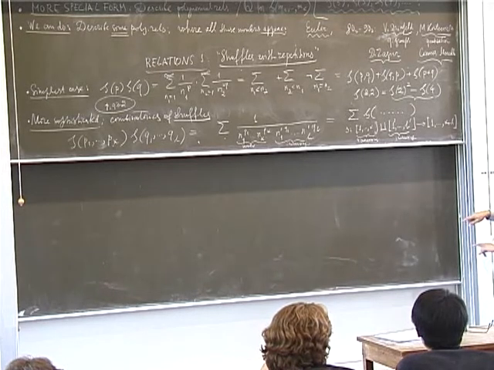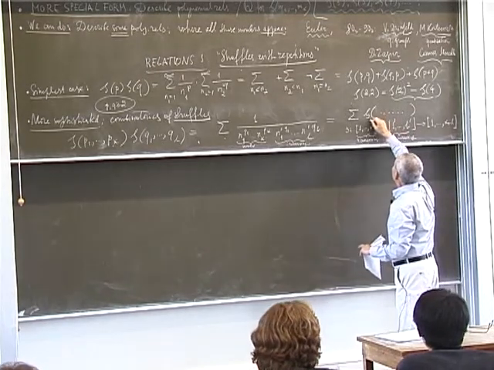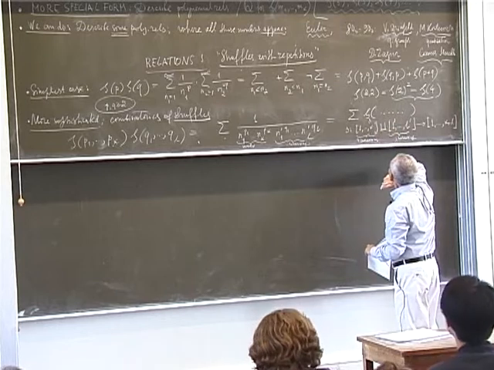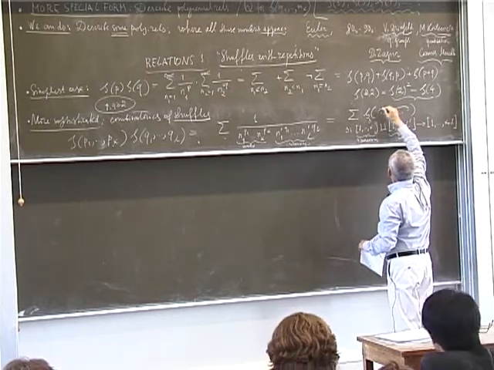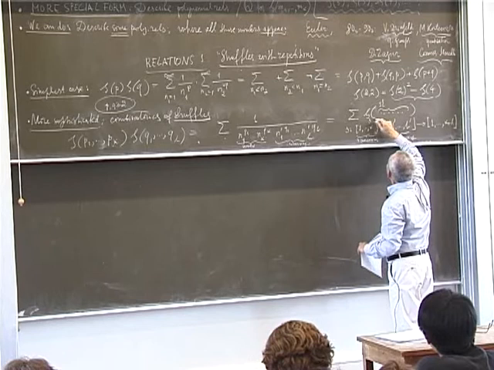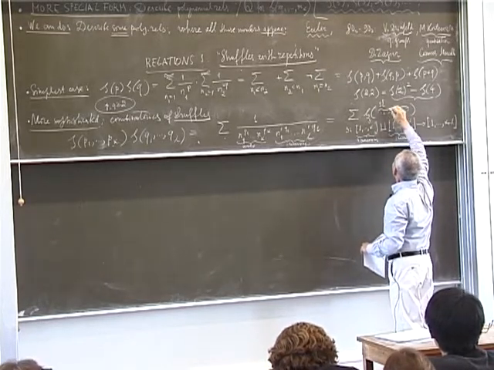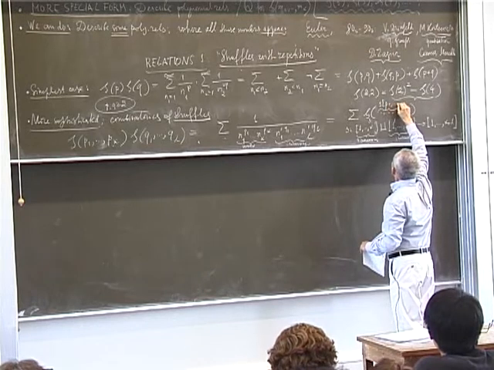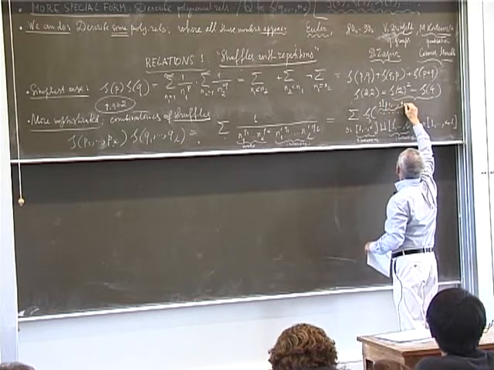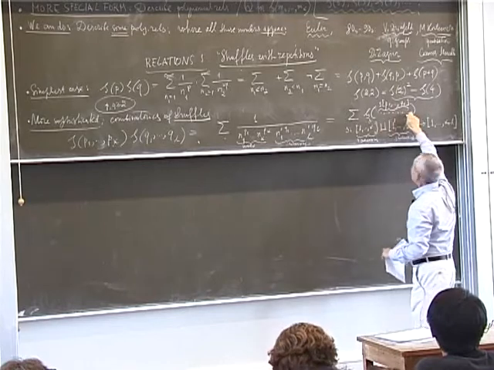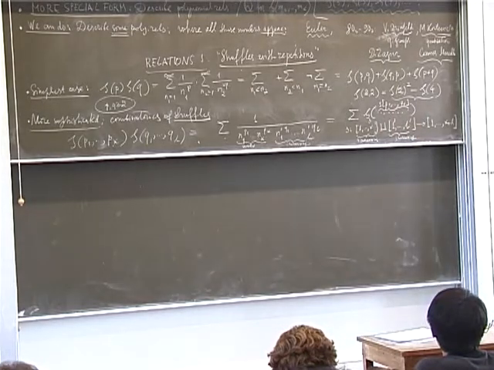Each such S gives some terms, and then there will be some kind of arguments depending on this shuffle. I leave to you a pleasant exercise to produce the notation and to describe exactly what sits here. Okay?